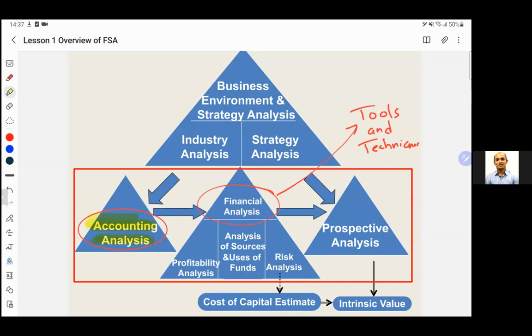Right. So we now have an idea about analysis tools and techniques. But practically, before applying any analysis tool, you should do accounting analysis.